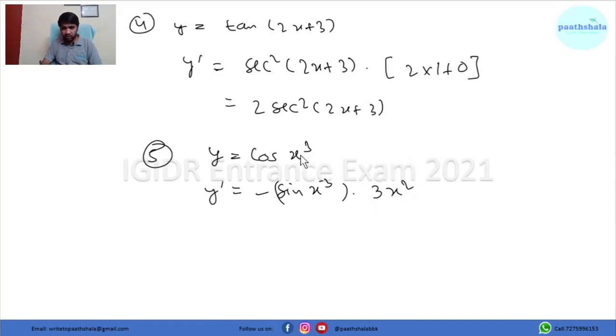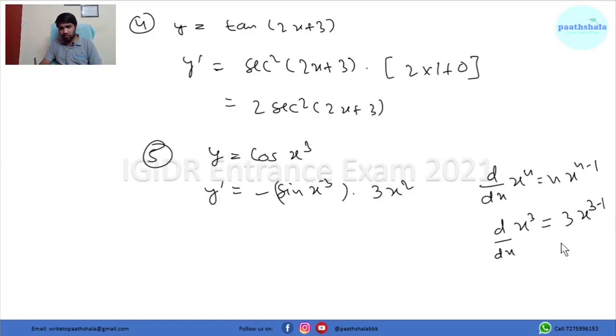We are differentiating x cube with the help of the formula d/dx of x to the power n equals n x to the power n minus 1. As it is x cube, this will become 3 and x to the power 3 minus 1, so this will become 3x squared. That's how we are getting this. So the final answer will be minus 3x squared sine of x cube. Okay, let's move to another example.